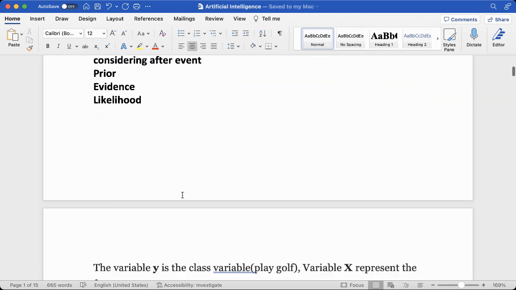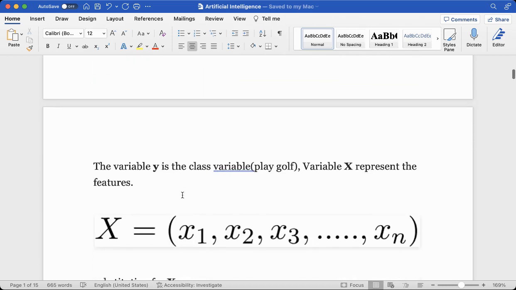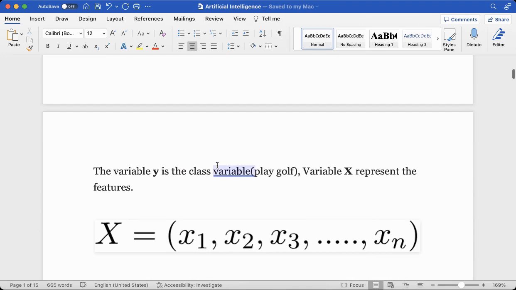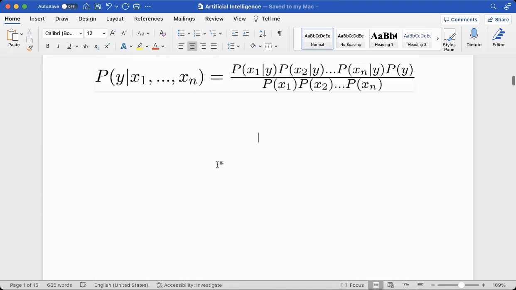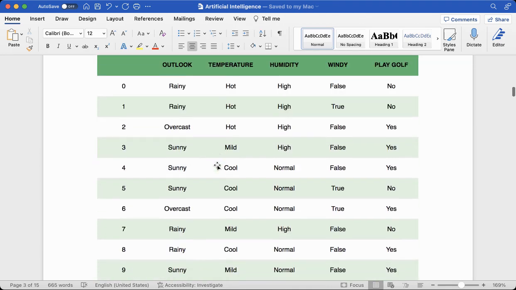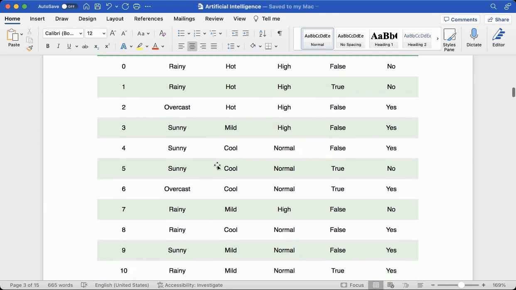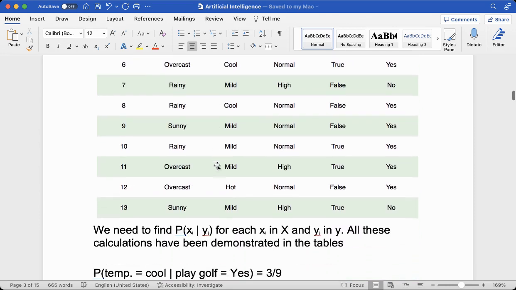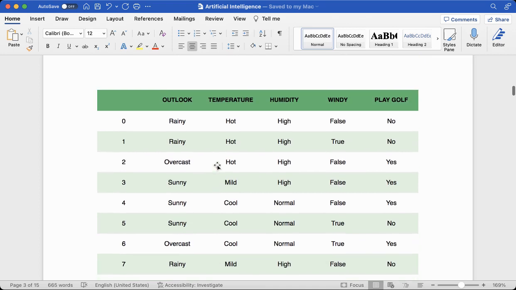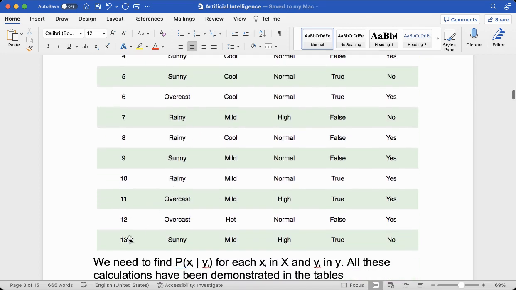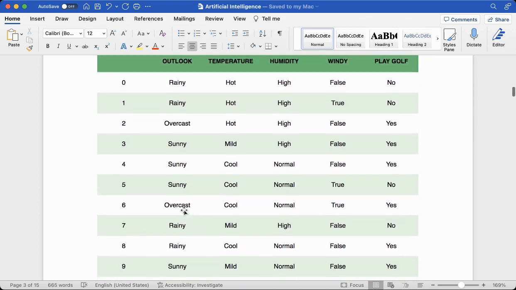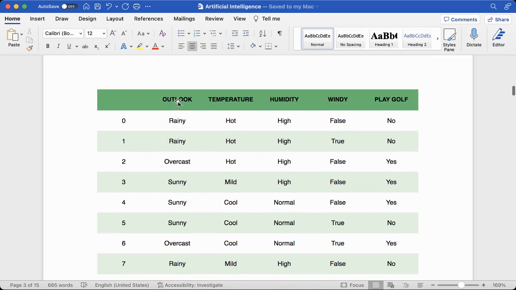Before going further, let's say I have this data set here, which I picked from Google. Here we have almost 14 records, and the feature columns are outlook, temperature, humidity, windy, and play golf, which is our outcome or target column.